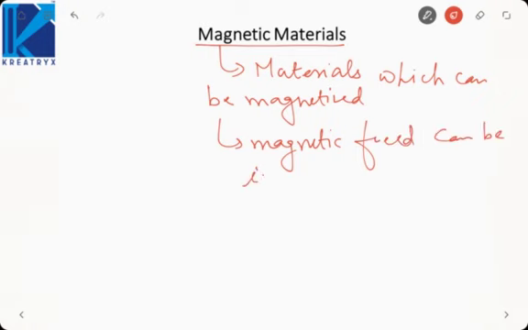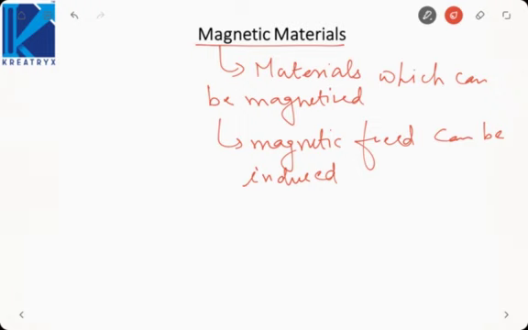The other materials are called non-magnetic materials, but essentially they are not non-magnetic, which means a magnetic field is induced in any kind of material. Then how do we separate the magnetic materials from the non-magnetic materials? The basic criterion is the strength of the magnetic field. If the magnetic field induced in the material is strong, then it is classified as a magnetic material.